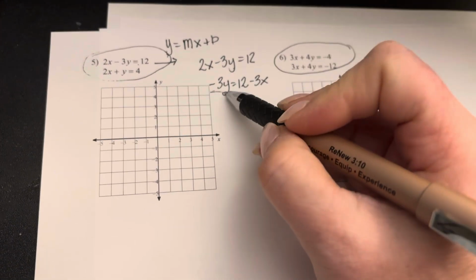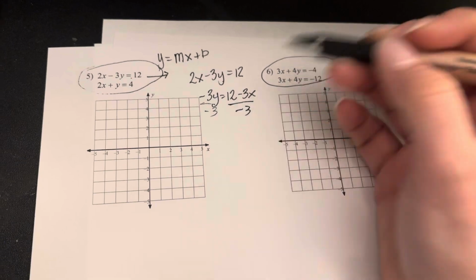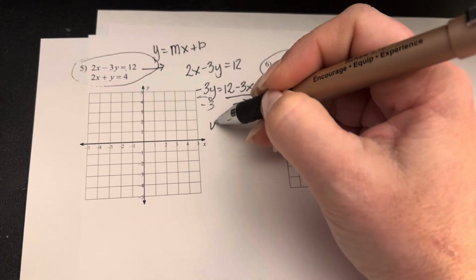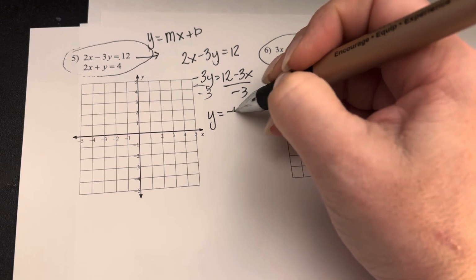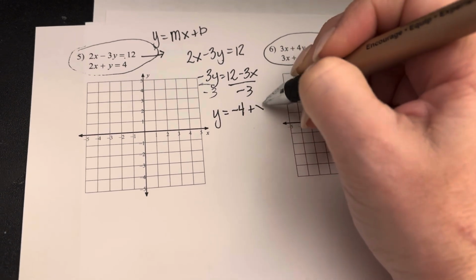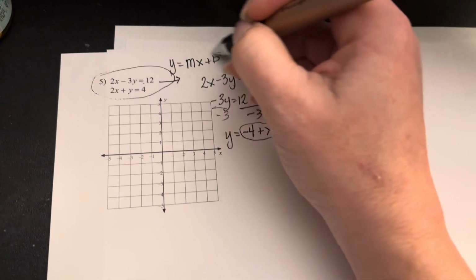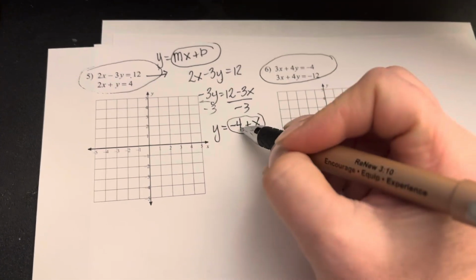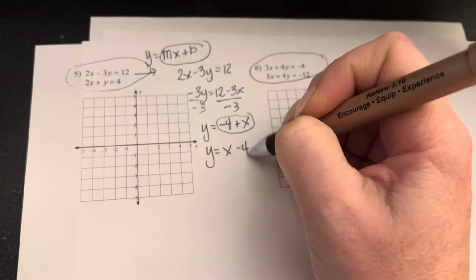I want to divide by -3. That means I divide the whole thing by -3. Y equals -4 plus (2/3)x. But I want this to look like this, so that's going to equal x minus 4.